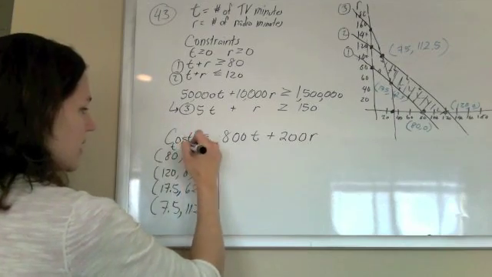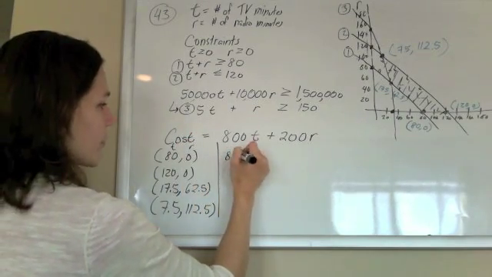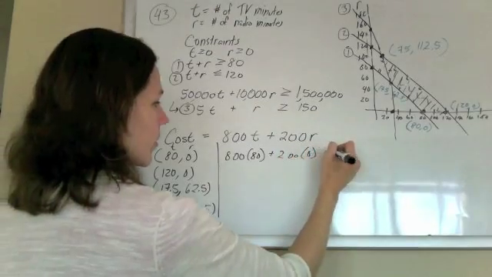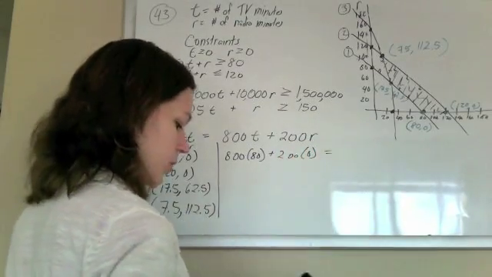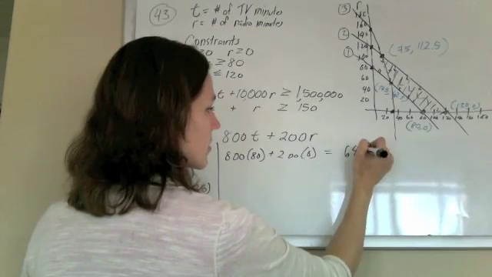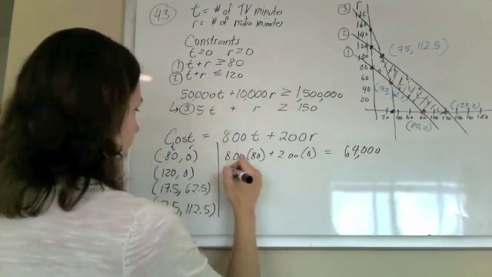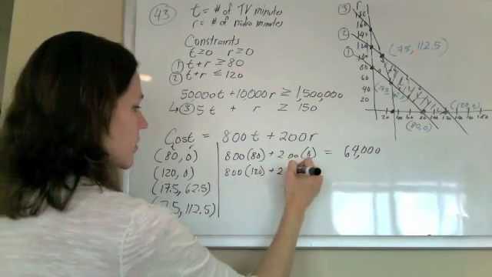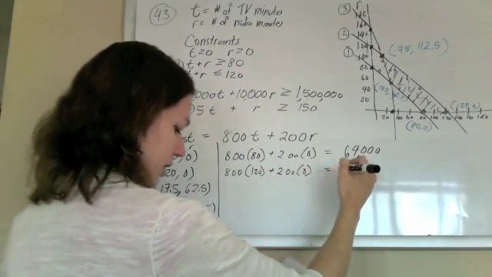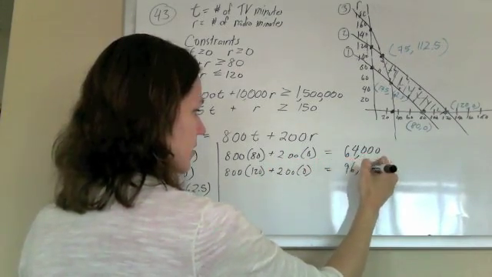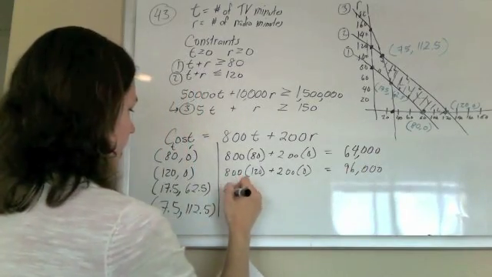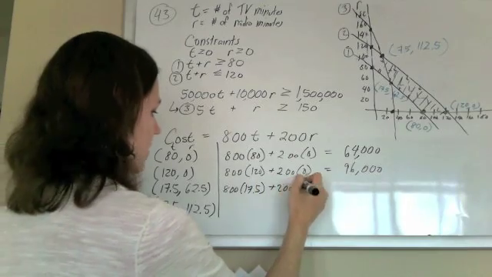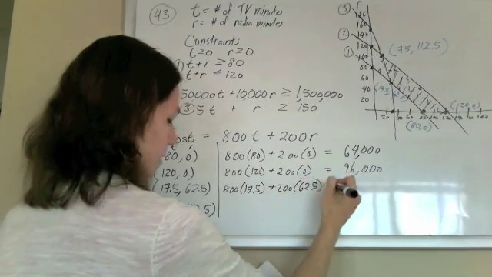So this was T and this was R. So 800 times 80 plus 200 times 0 gives you 64,000. And 800 times 120 plus 200 times 0 gives you 96,000. And 800 times 17.5 plus 200 times 62.5.